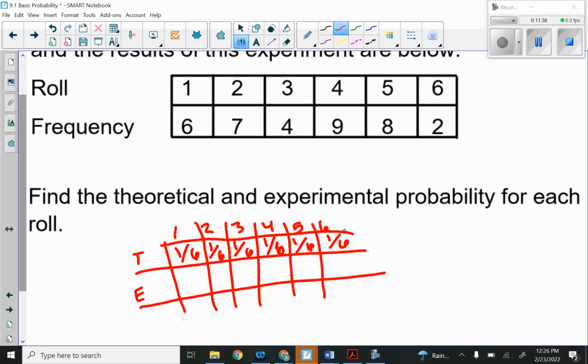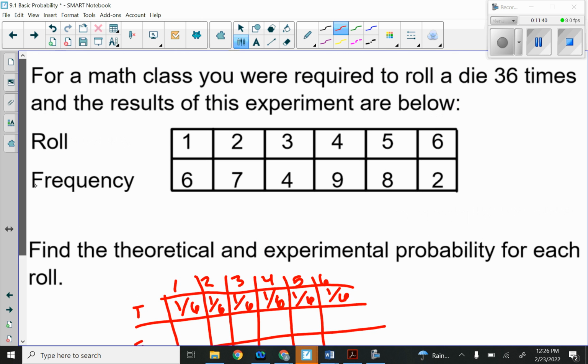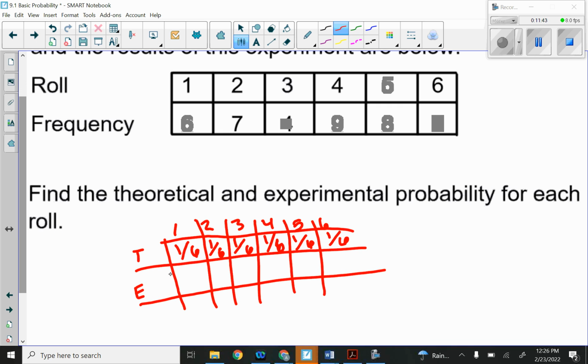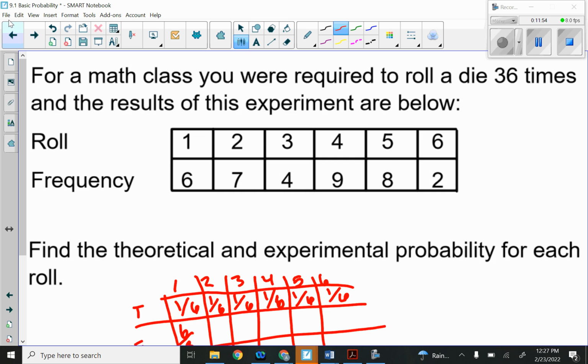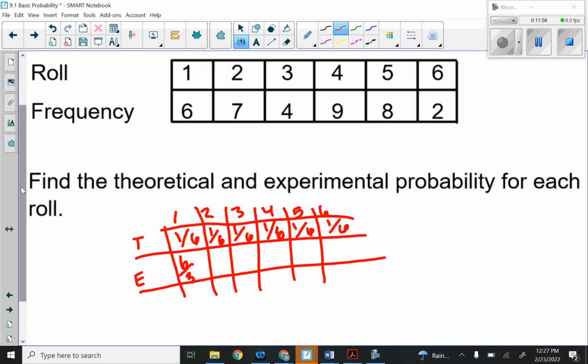But experimentally, if I rolled the dice 36 times, I only rolled a 1 6 out of 36 times, which actually is that 1/6. I rolled a 2 7 out of 36 times.